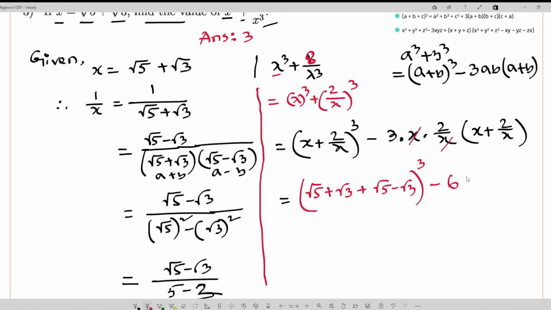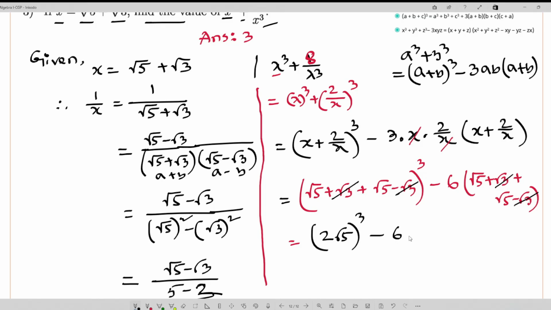Okay, and here similarly, root 5 plus root 3 plus root 5 minus root 3. So here plus root 3 minus root 3 cancel out, 2 root 5 whole cube minus, and here root 3 minus root 3 cancel out, so 6 times 2 root 5.